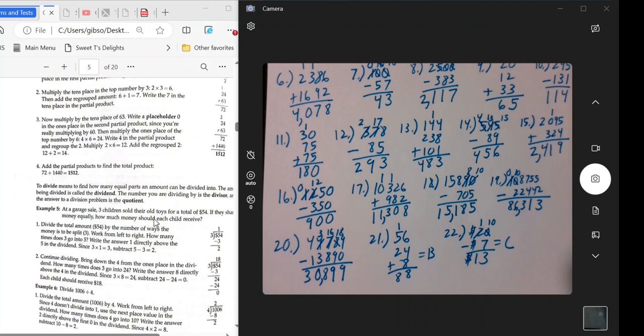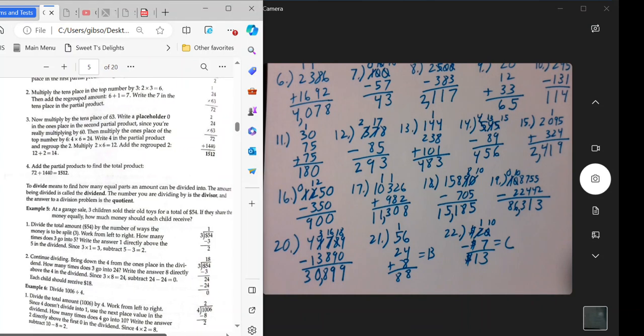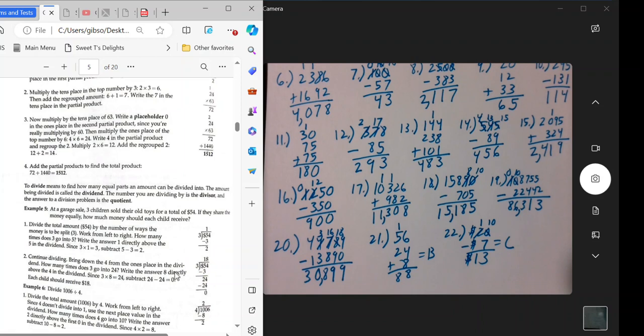Okay, now with division, you will have divide, divided, quotient. Those are key terms that'll let you know that it is division. Or you could even say portion of. That'll let you know that you're dealing with division.